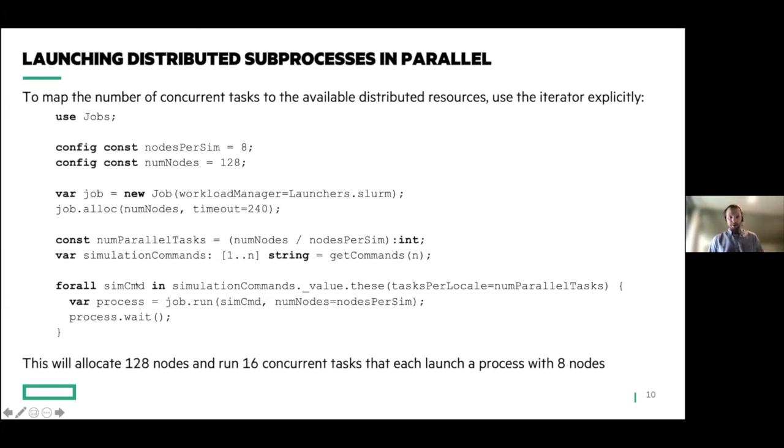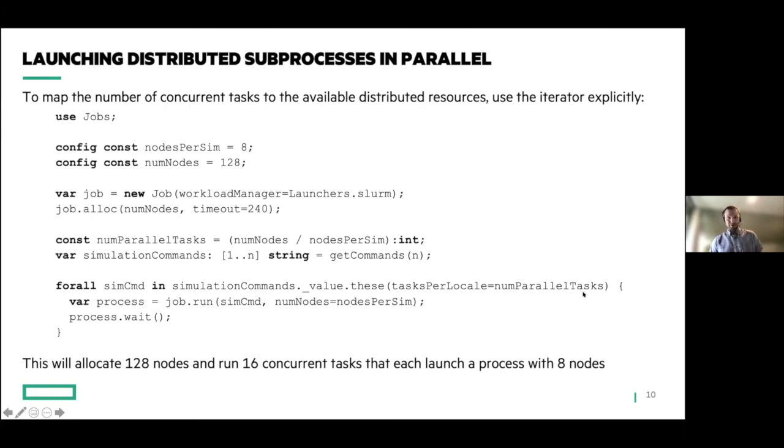And in our forall loop, we now explicitly call the default rectangular array parallel iterator using this. This isn't really the long-term interface we'd like for this, but this is the way to get at the real default rectangular array underneath, and to call that parallel iterator. So you're calling the underscore value dot these, and you can override the tasks per locale here.